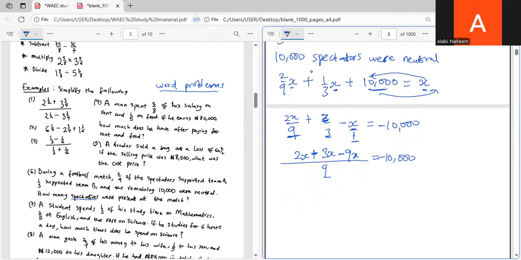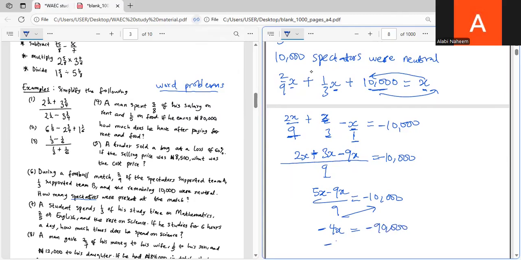You can cross multiply. Also we can simplify the numerator here. 2x plus 3x is 5x, minus 9x, over 9 equals minus 10,000. Of course, 5x minus 9x is minus 4x, right? Minus 4x equals, multiply 9 times minus 10,000. That's minus 90,000.